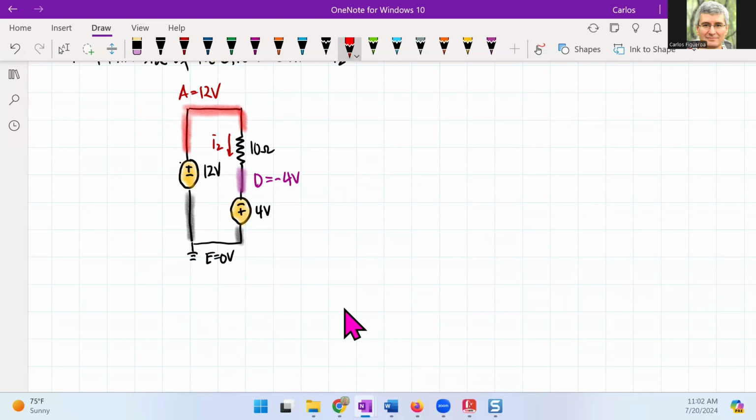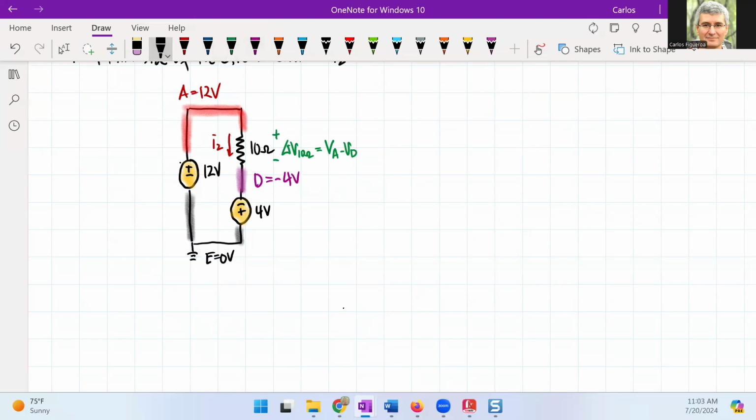In other words, when I look at this, I see that this end has a positive and this end has a node, and that's the voltage across the 10 ohm resistor. The way we define that, it has to be the potential of A minus the potential of D. And we know what those two potentials are.